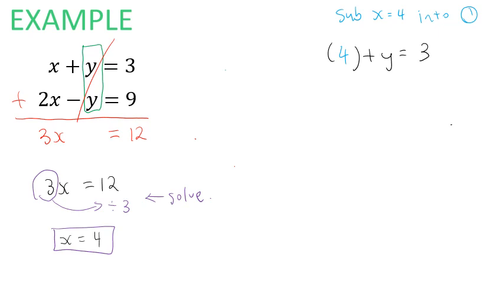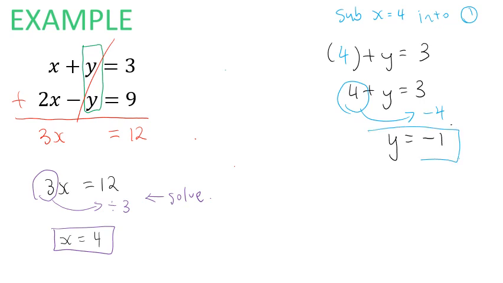So I've got 4 plus y equals 3. To solve this, subtract 4, y equals negative 1. So therefore, my point of intersection is at 4, negative 1.